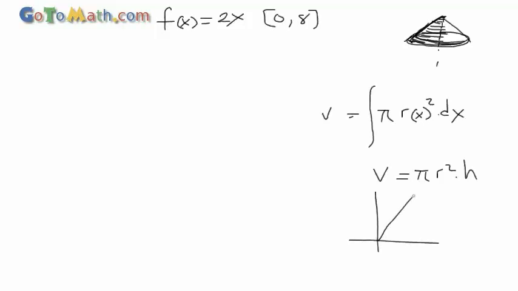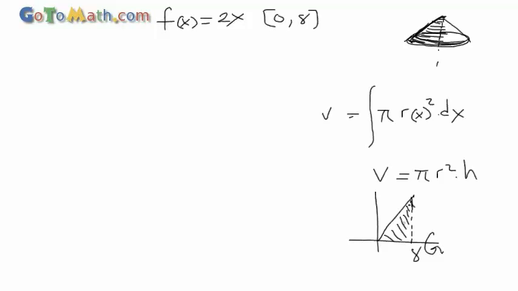I need to write some stuff down over here. f of x is equal to 2x, and we're on the interval between 0 and 8. I'll sketch this out again, something like that, and there's 8. We're revolving this piece around the x-axis.